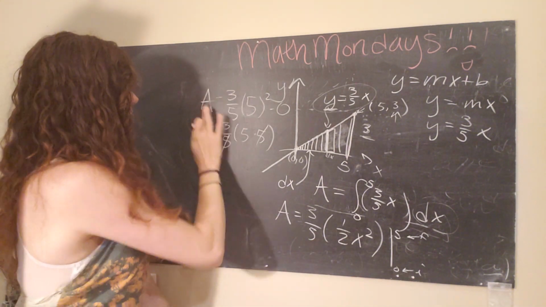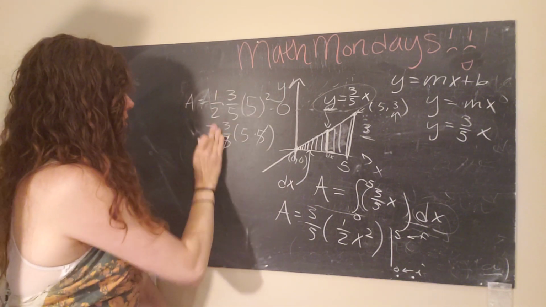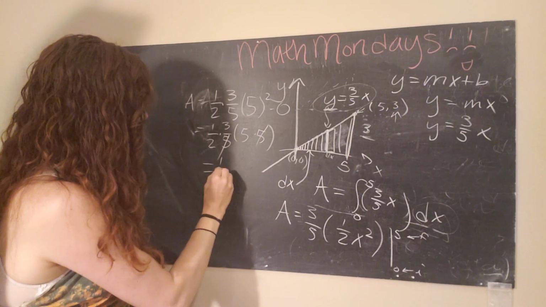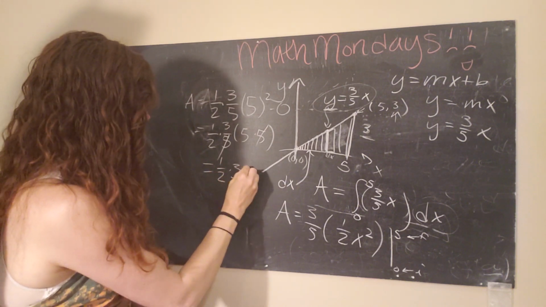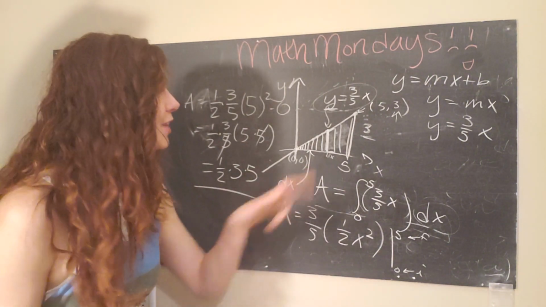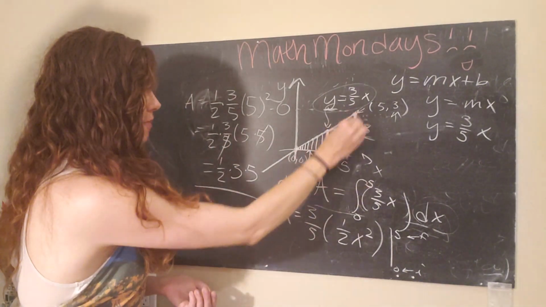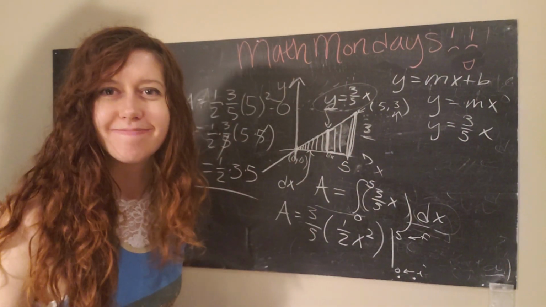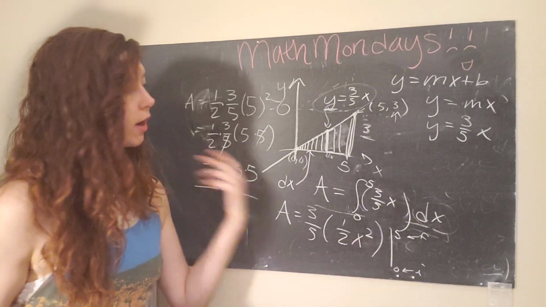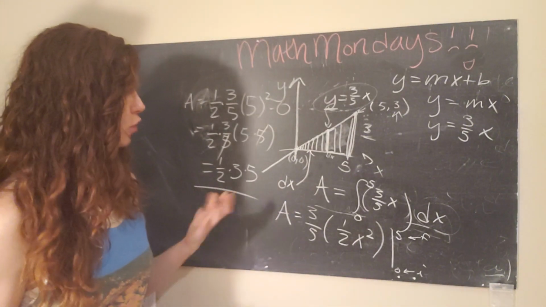Haha, I was like, something's wrong here. 1/2 times, there we go, half times 3/5. So now we get 1/2 times 3 times 5. Oh, look at that! That's the equation of a triangle. 1/2 base, 5, times height, 3. Done. Pretty rad, huh? So that is where calculus comes into finding areas of different shapes.